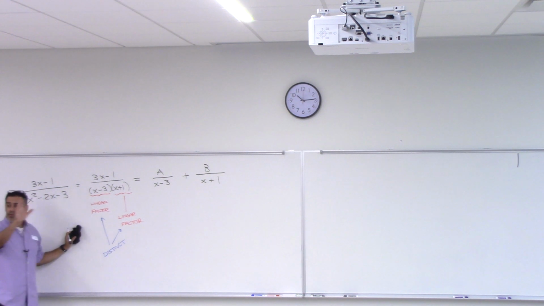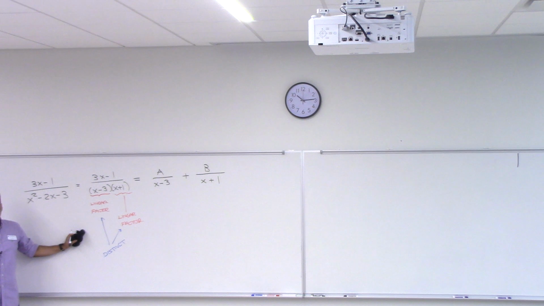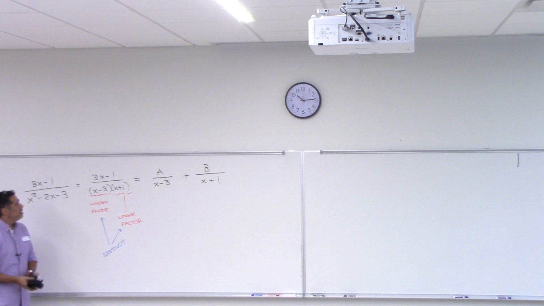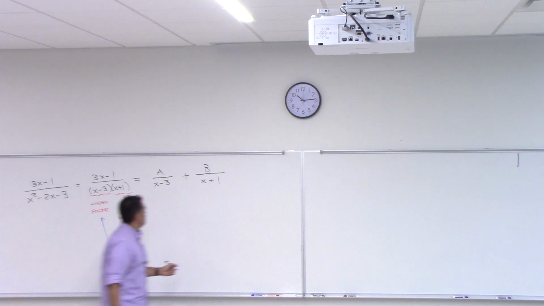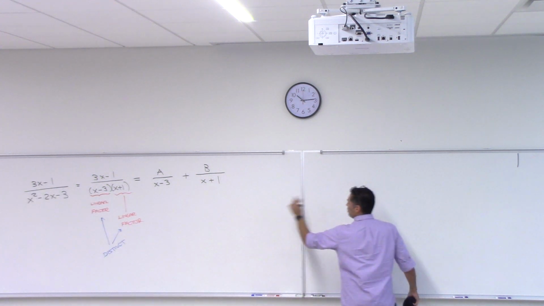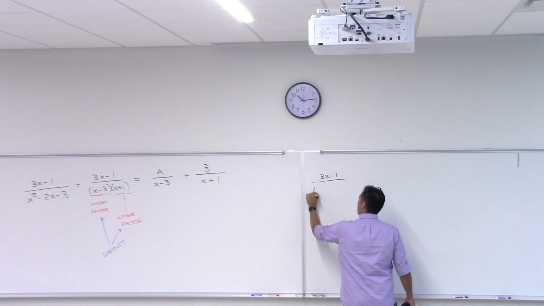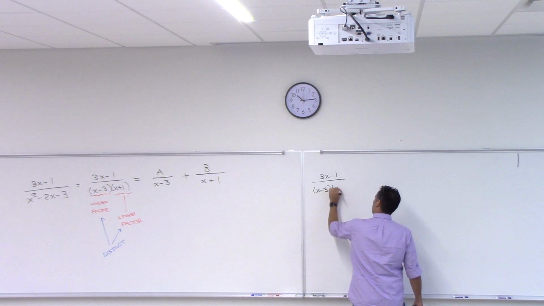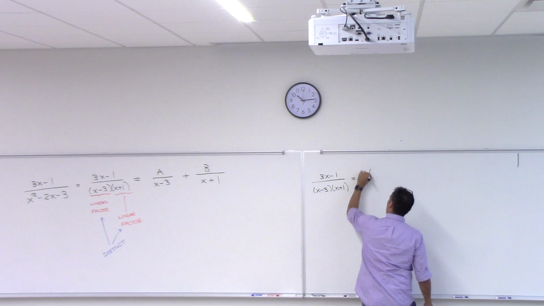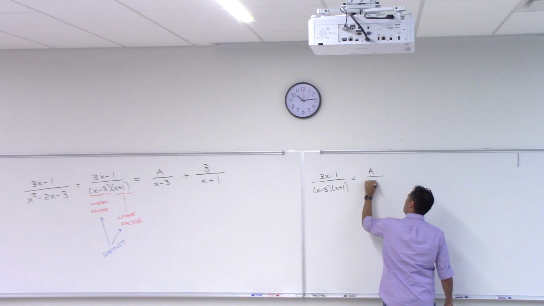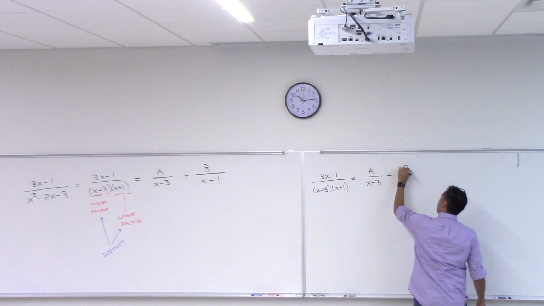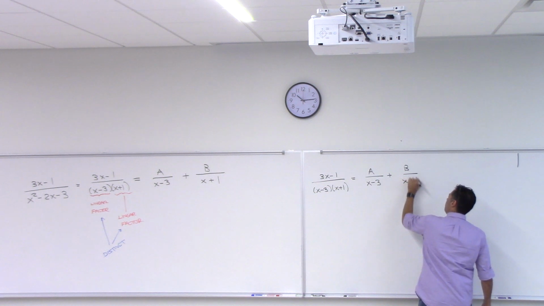All right, so do y'all see right now that we just need to figure out what A and B are? If we can figure out what A and B are, we're done. Okay? So how do we do it? Here's how we do it. I'm going to rewrite it over here just because I have too much stuff written there. I'm going to take 3x minus 1 over x minus 3 times x plus 1 equals A over x minus 3 plus B over x plus 1.